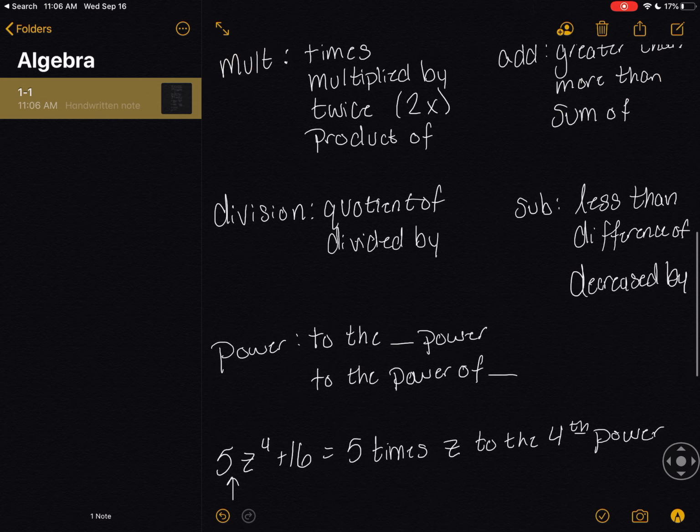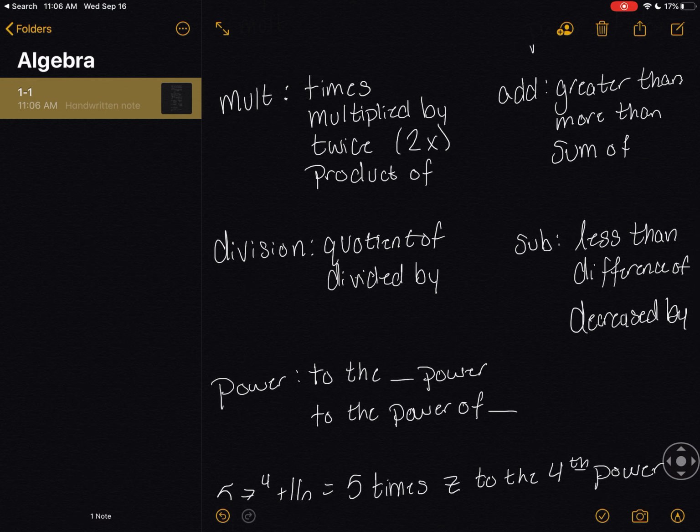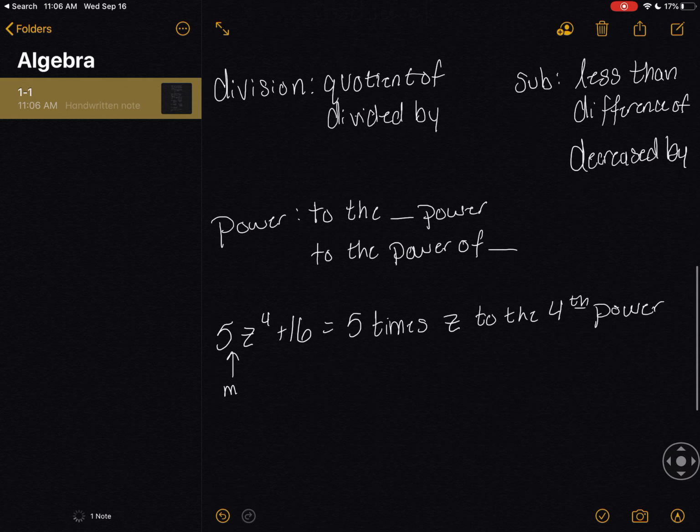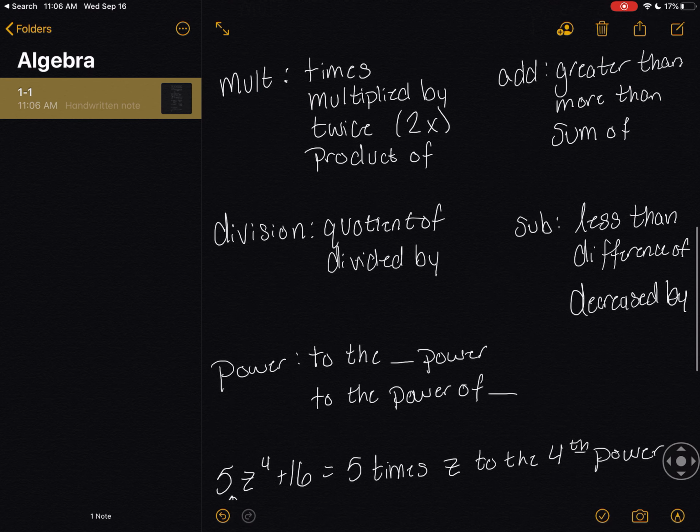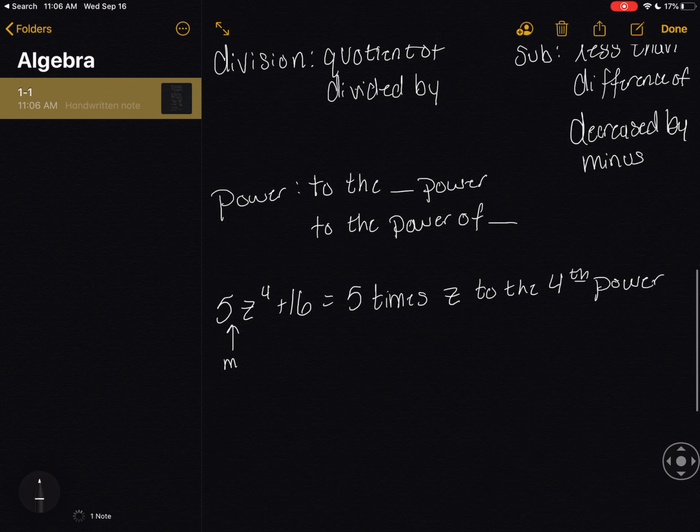And then I could use any of my words for adding, so greater than, more than, sum of, or I could even just say plus, or I could say minus here. So plus 16.